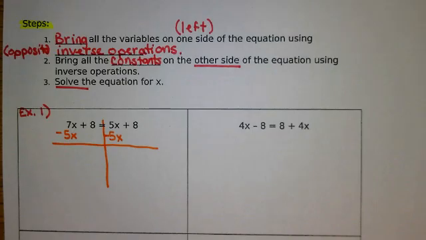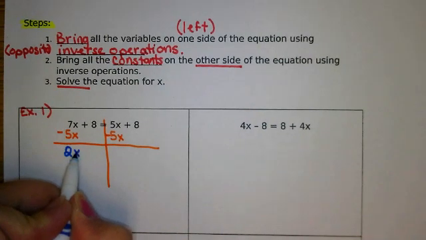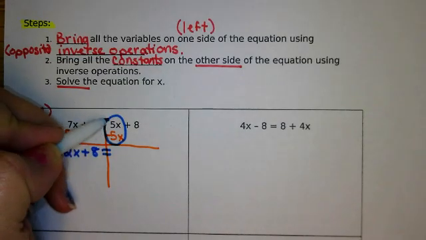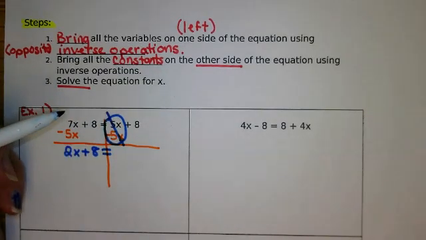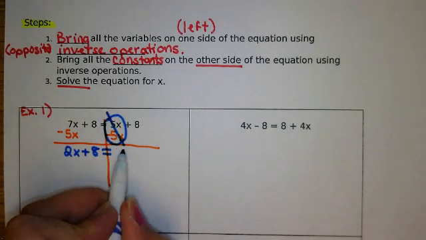These are just our steps for simplifying so we can solve for x. So we have 7x minus 5x, which is 2x. We bring down our 8. These two 5s, remember, they cancel each other out because they equal 0, basically a zero pair. You have 5 x's and 5 negative x's. And then you bring down your 8.